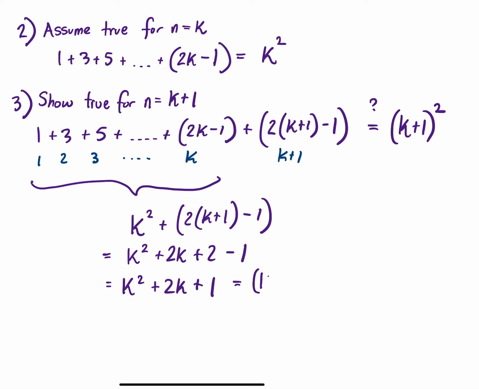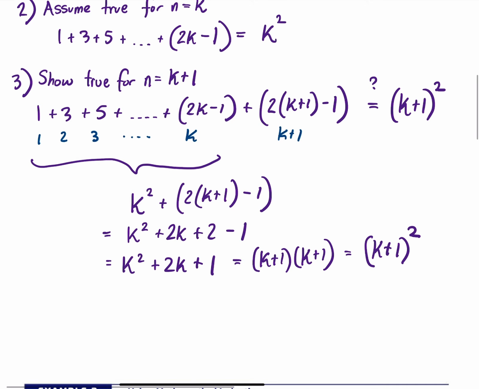So this can be k plus 1 times k plus 1, or k plus 1 squared, meaning the sum of the first k plus 1 terms is equal to k plus 1 squared. So what we've done here is actually prove that it's true for all natural numbers.